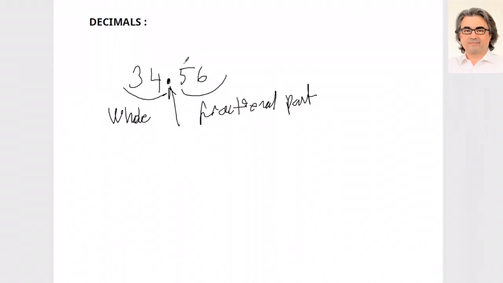So I have 5 times 1/10, or 5 tenths. And right here the meaning of 5 is tenths. The meaning of 5 starting from here.